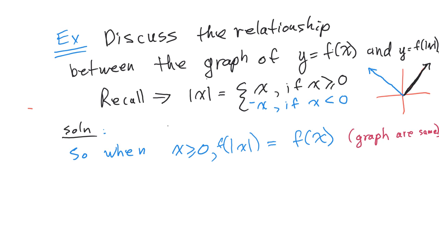Now, when we have the x value being less than 0, f of the absolute value of x is really f of negative x. So remember, when we were graphing that absolute value function, it looks like negative x.